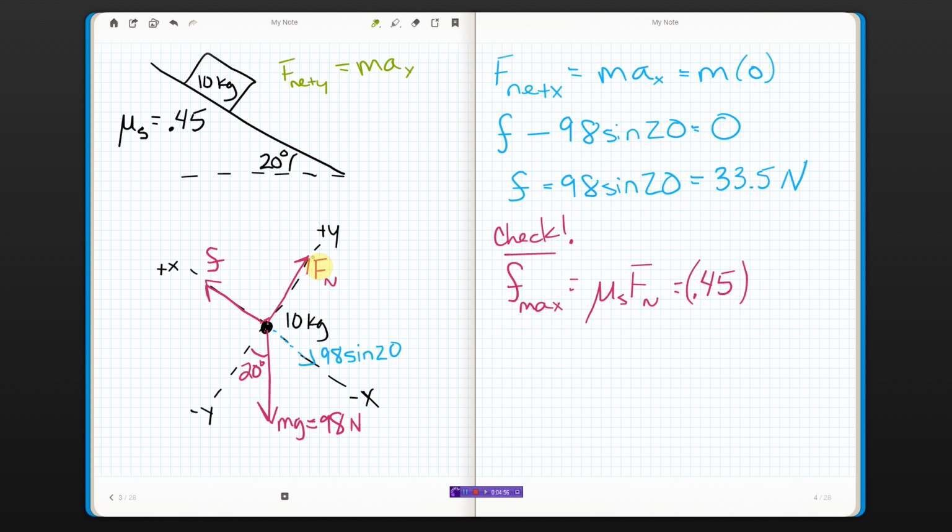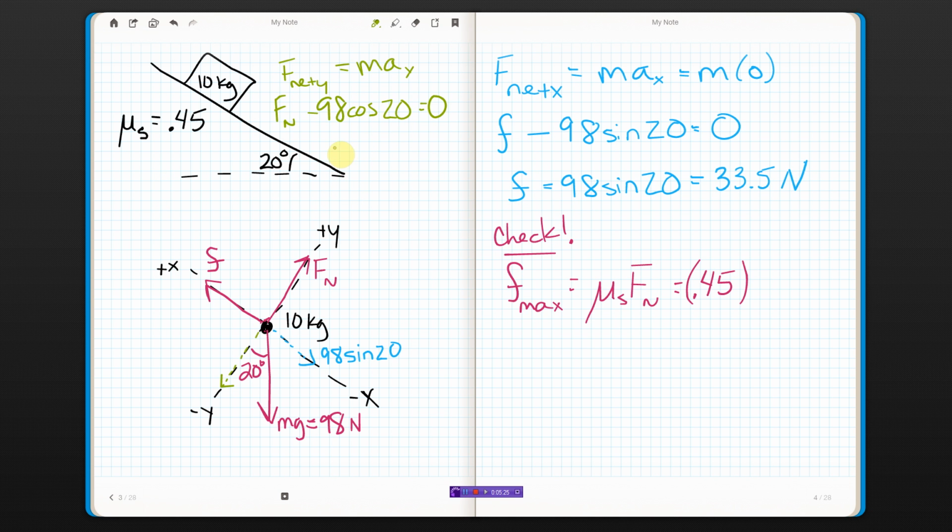In the y direction, I've got normal force up, and I've got the y component down. That's going to be adjacent to the 20 degrees, so it's going to be 98 cosine 20 equals, again, acceleration would be 0 in this direction. Actually, no matter what, because it can't go into the block or into the wood and it can't float away.